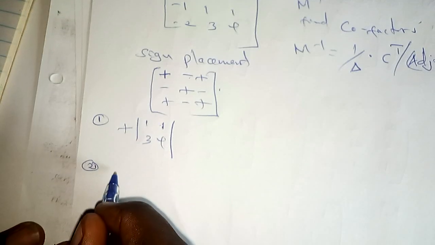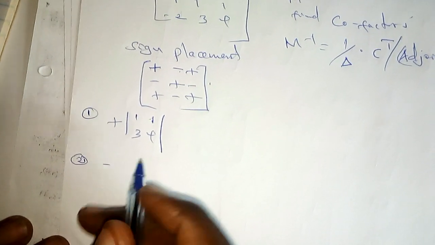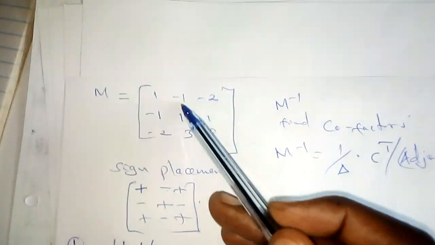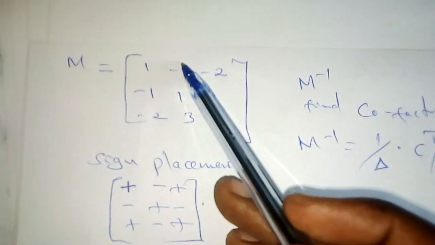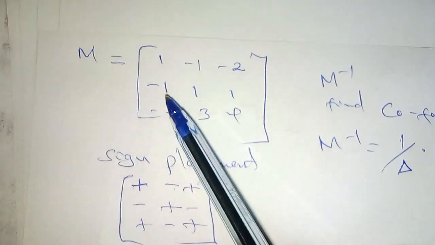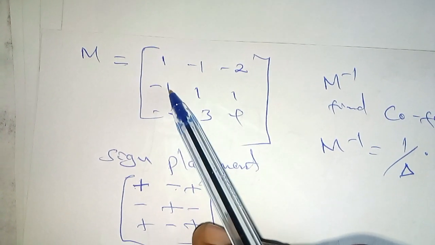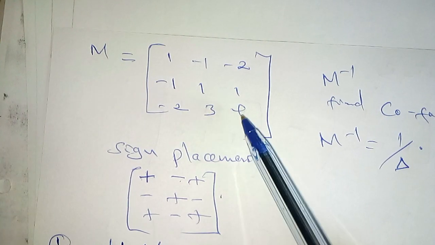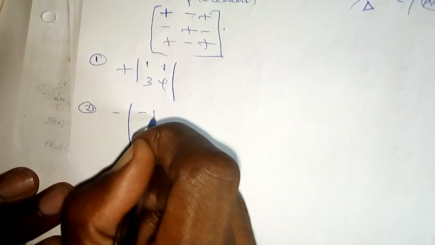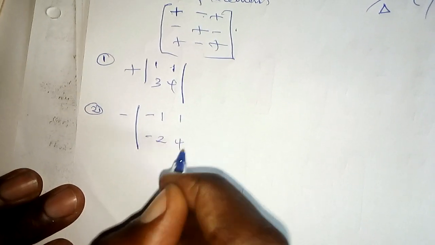We block this column and this row. The remaining components are negative 1, 1, negative 2, 4.